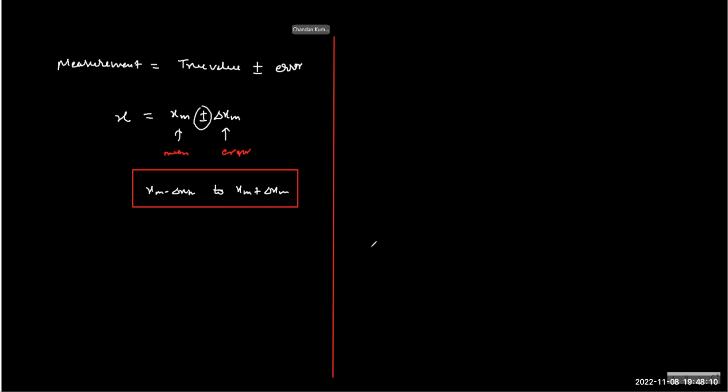So let's say you have a rod and you want to measure its length. You take a tape and put it against the rod, or you take the rod and put it against the tape. It's the same thing. And you see where the edge is falling. If the edge is falling between two lines where there is no demarcation, then up to this point your measurement is accurate, and this is called uncertainty.